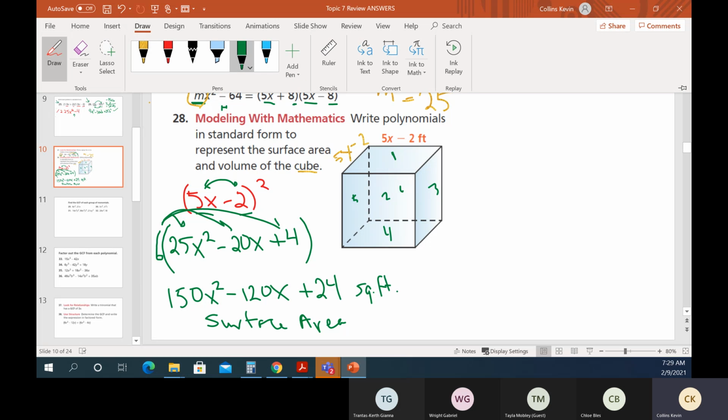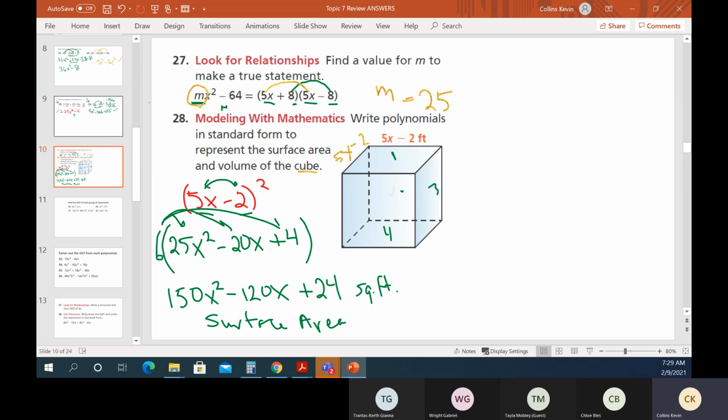So surface area is 2 dimensions, right? The length times the width. And then we just had a bunch of those that we added together, as we saw, which turned out to be multiplication, actually. Okay. So how many dimensions is a volume? So area is 2 dimensions. How many dimensions is a volume?